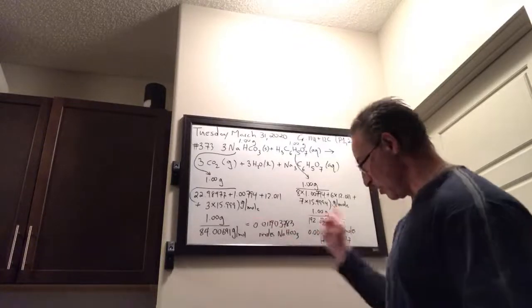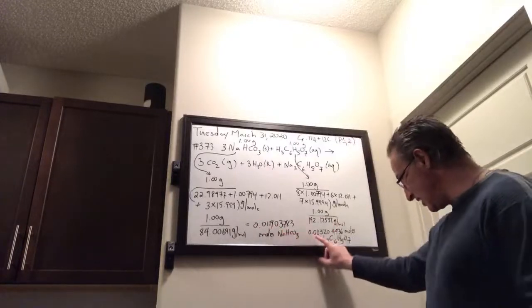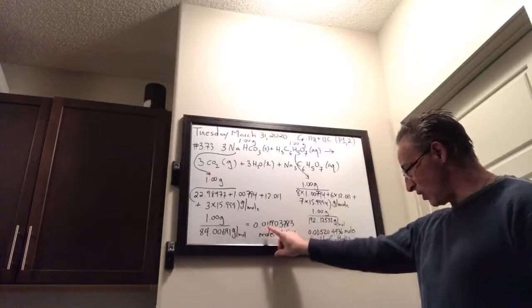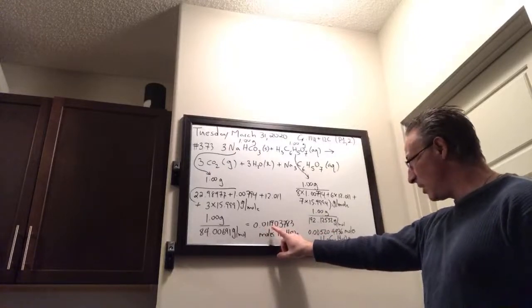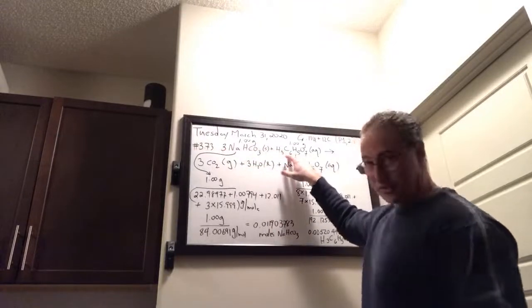So you found the moles of both. Clearly, there's more moles of sodium bicarb. There's 0.005 of this, and there's 0.011 of this one. But remember, you need 3 times as many moles of sodium bicarb as you do of citric acid.